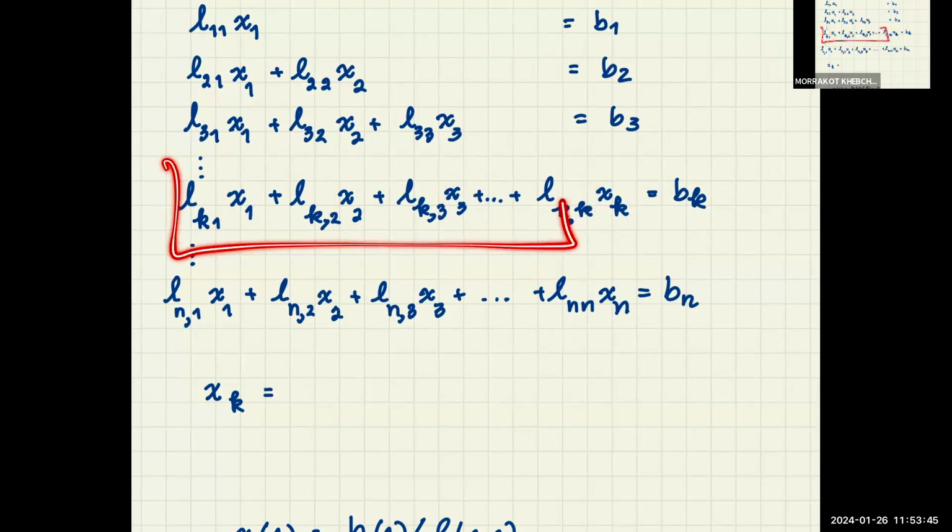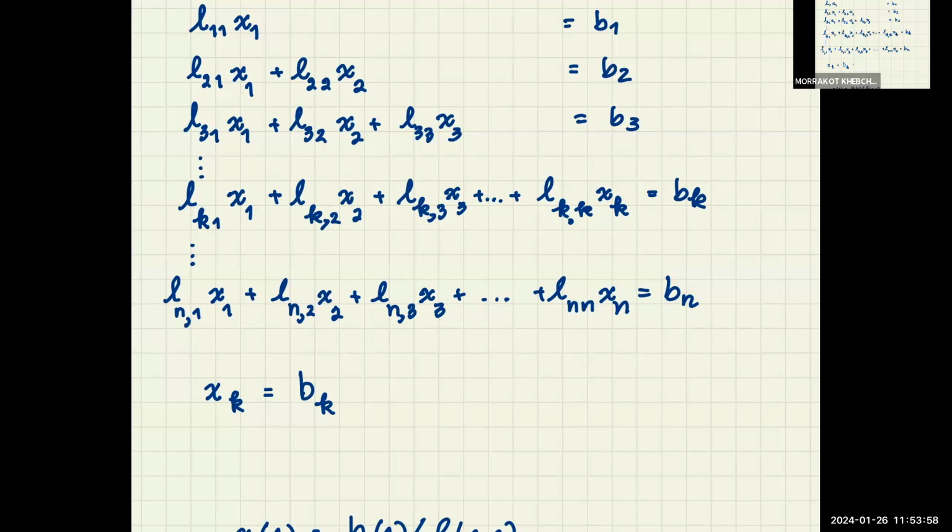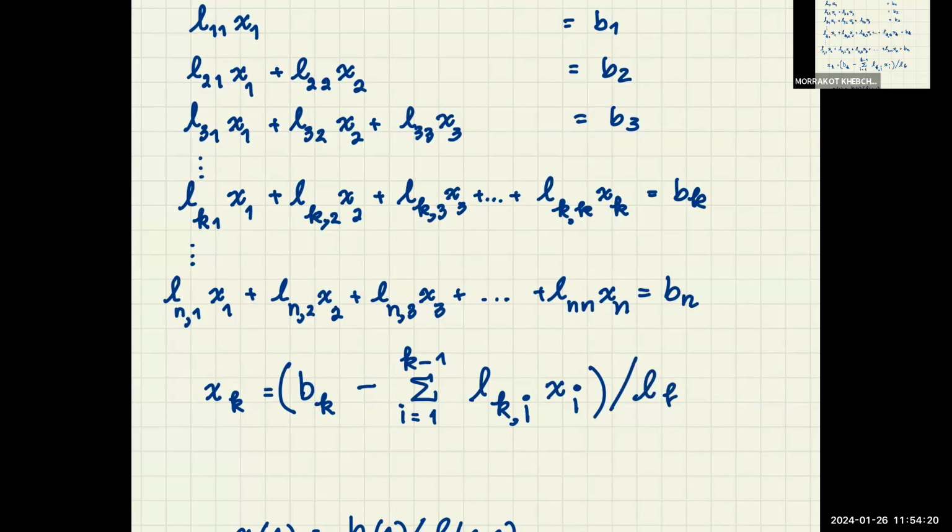So all of this you know. So it's going to be bk minus the summation i from 1 to k minus 1 of Lki xi, the whole thing divided by Lkk.